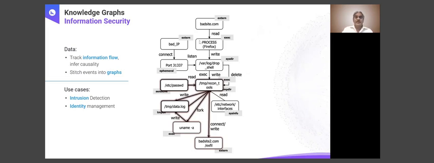And what you notice again is that there are different kinds of nodes. So for example, there are websites, there are nodes for processes, nodes for files, for ports, for users, and so on. And if, for example, you read a certain file or you write to a certain file or you fork a process and so on, all of that activity can be represented very nicely using a graph of this sort.